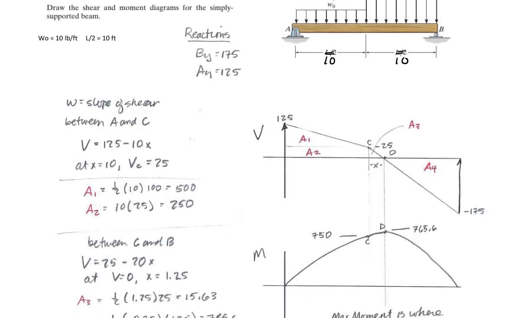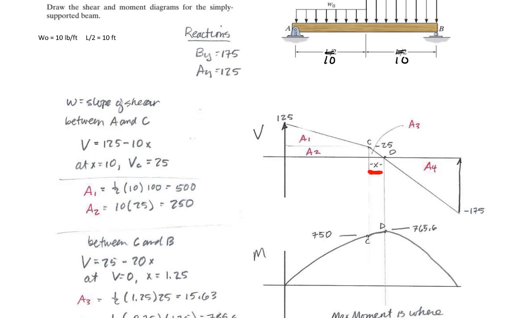We have to find out this little distance x, which is a very common problem that you'll have to figure out. You have to figure out where the shear crosses the x-axis, which means you need to have that little distance. So again, what I've got is a shear equation, 25 minus 20x. And here I want to solve this where shear equals 0.